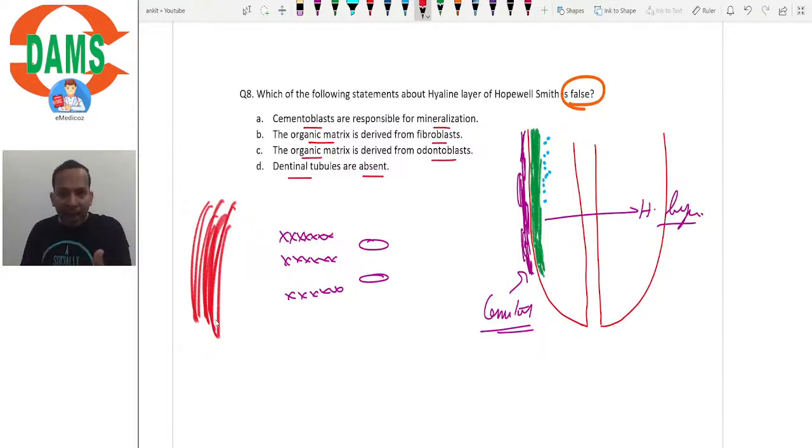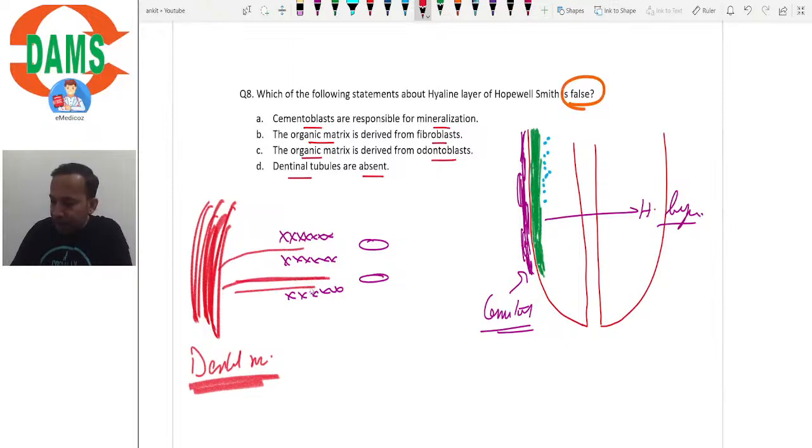We call them dental sac. So the fibers of the dental sac will reorient, and when they reorient, they will interdigitate or intermingle with the organic matrix that is laid down by the odontoblast.